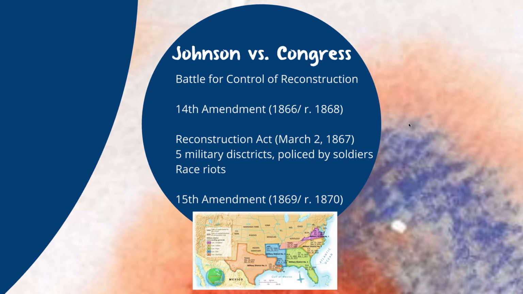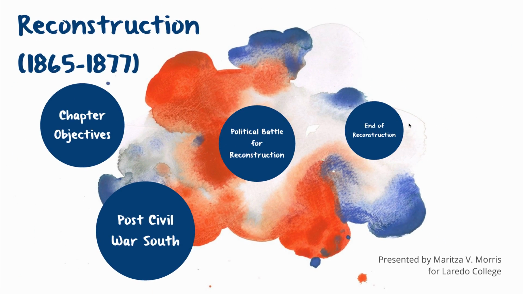So when they left out the word sex from this amendment, it was a huge blow for the women's suffrage movement. And women are going to have to wait another 50 more years to see the realization of this dream. Okay, so we'll talk more about the 19th Amendment in the following unit. For now, let's go ahead and talk about the end of Reconstruction.